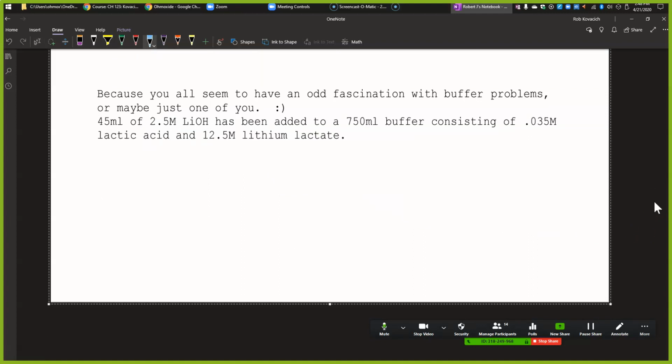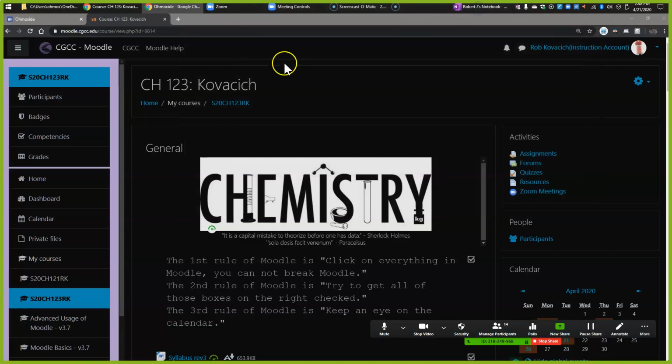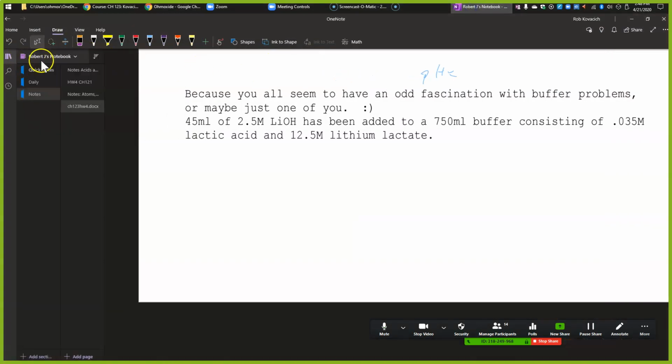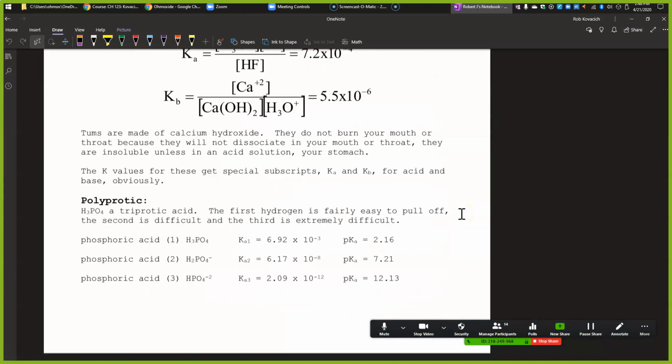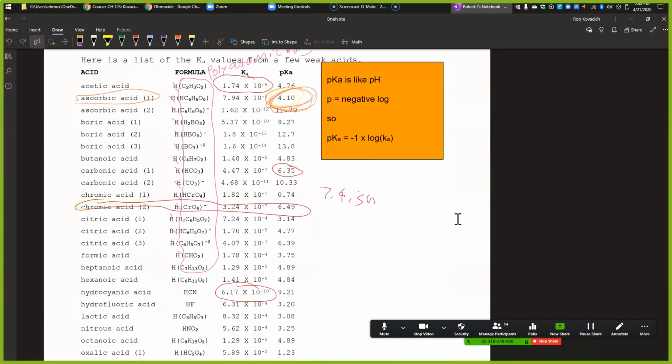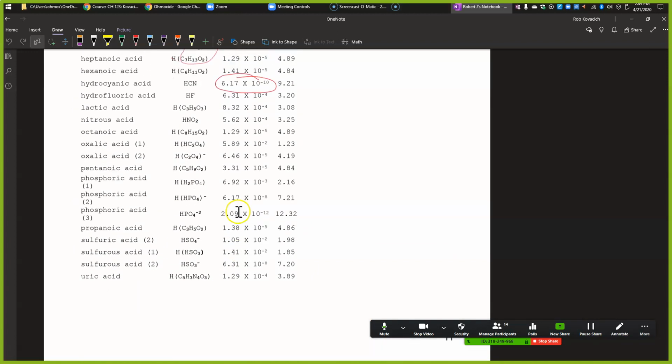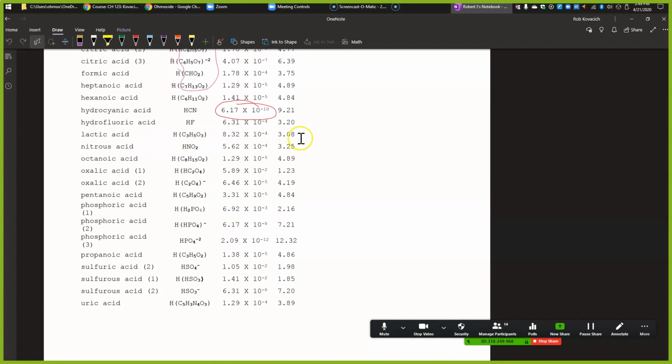Okay, so let's figure out what the pH of this buffer is first. pH is equal to, lactic acid, 3.08.